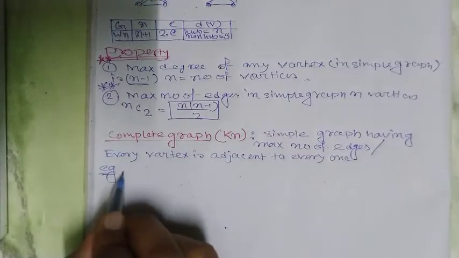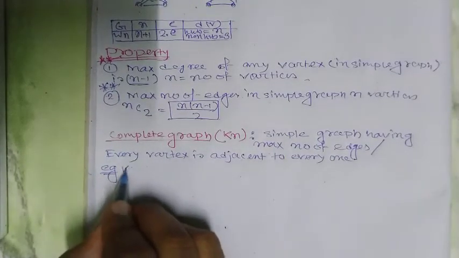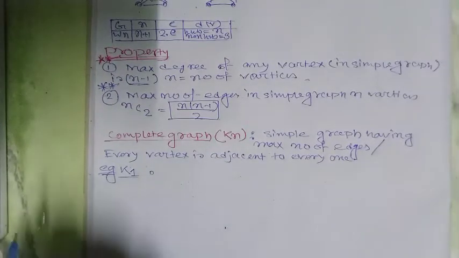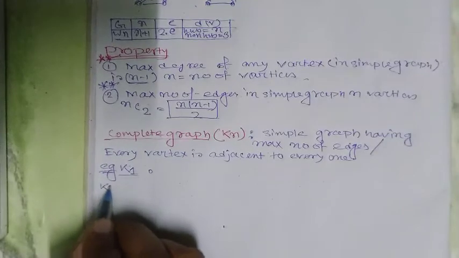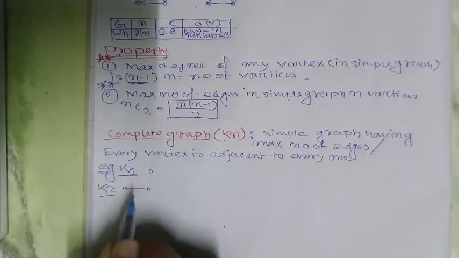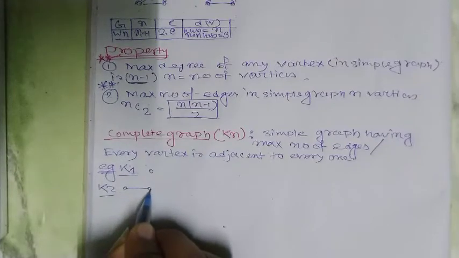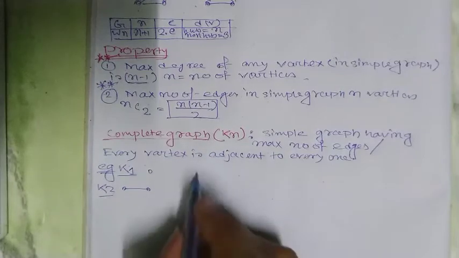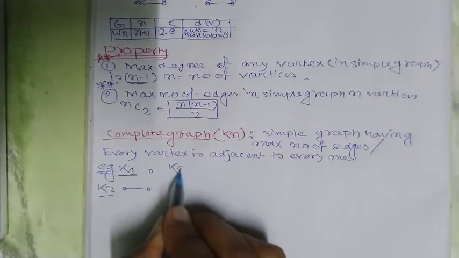Okay, I'm just starting from one vertex, K1. This is only one vertex, so there is no problem with that. K2, two vertices, and you can see this vertex is adjacent to this and this vertex is adjacent to this, so every vertex is adjacent to each other. Next K3.